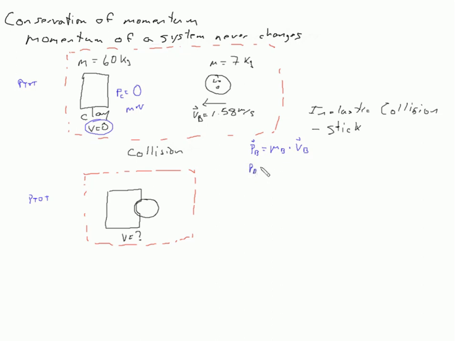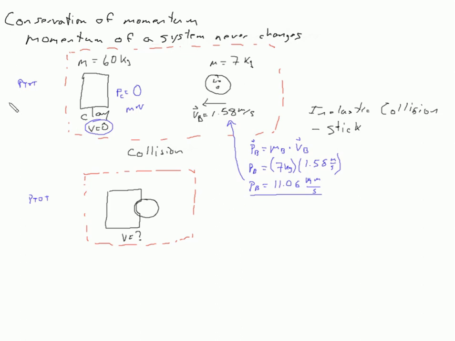We'll just plug those numbers in. We have a 7 kilogram bowling ball, and it's moving at 1.58 meters per second. That should give us a momentum of the bowling ball of about 11.06 kilogram meters per second, as it's moving in towards the block of clay.